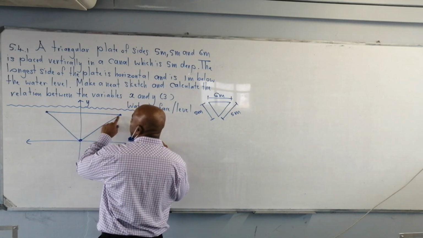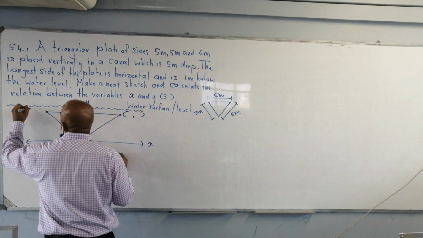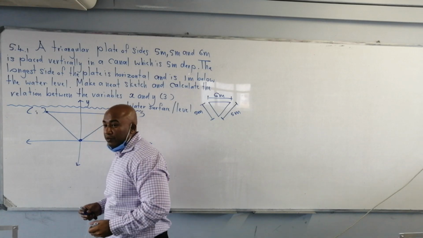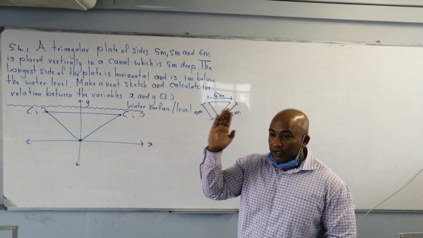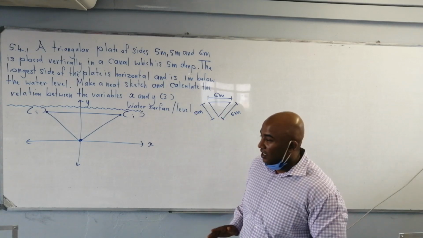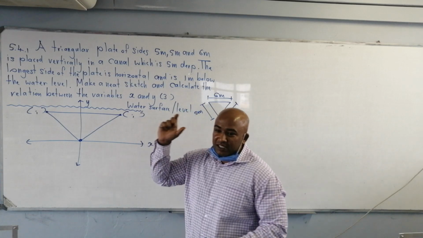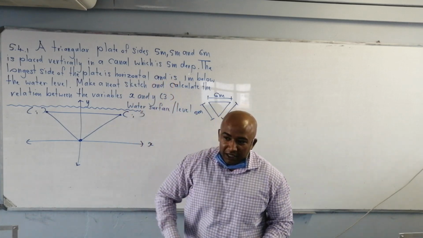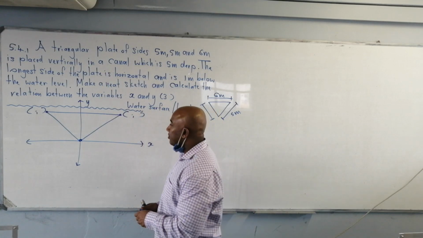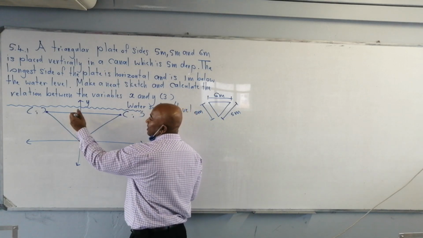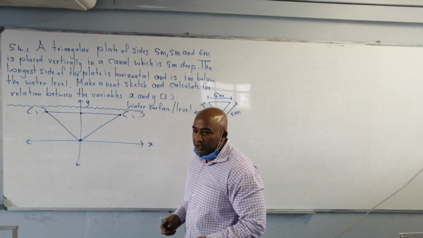What we're going to do for these type of questions is the y-axis will cut this into 2 equal halves. Whatever diagram you have, whether it's a trapezium, a parabola, or a rectangle, the y-axis must cut it. So the distance from here to here and from there to there will be equal.